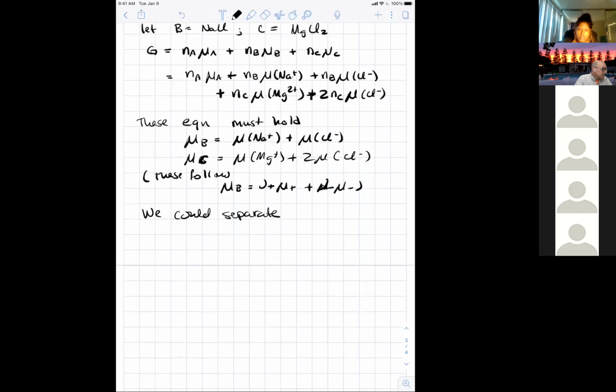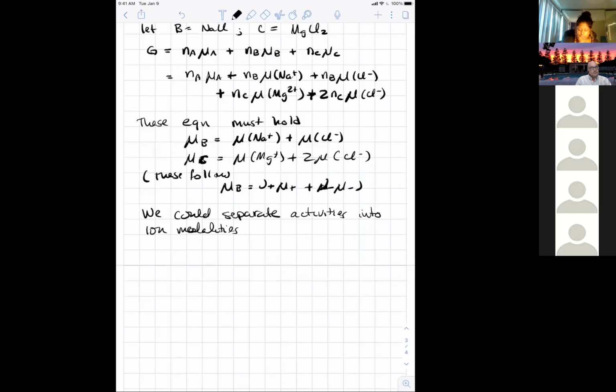We could also separate activities into ion molalities if this is convenient. So if we're dealing with a mixed electrolyte, in order to kind of keep track of what's going on, we might break down the molalities into the individual ion molalities, right?